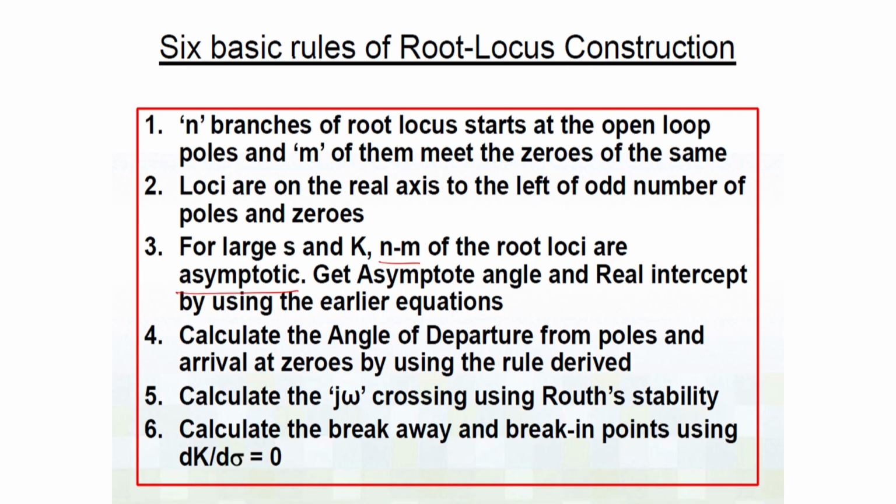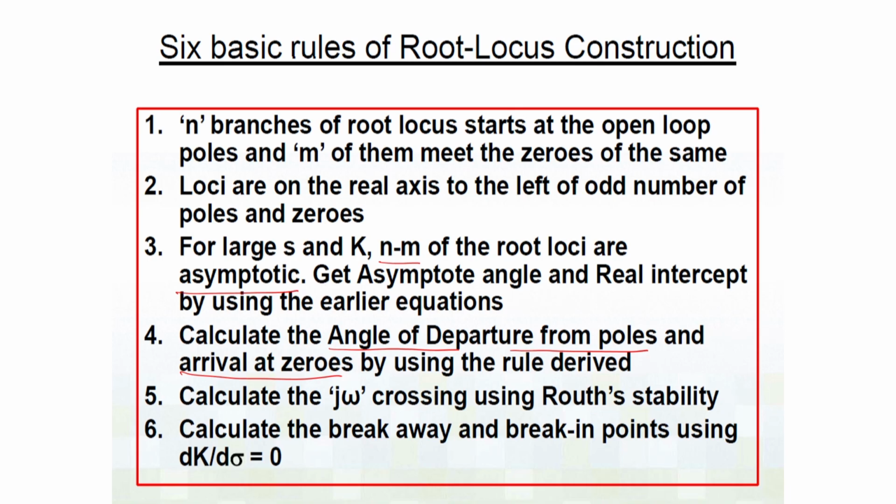Then calculate the angle of departure from the poles, that also I told you. Do not take that particular pole into consideration in the phase. The contribution by the rest of the poles and zeros you have to do in order to calculate the final phase, that will give the angle of departure, and similarly for the zeros, the angle of arrival, you will do the same logic.